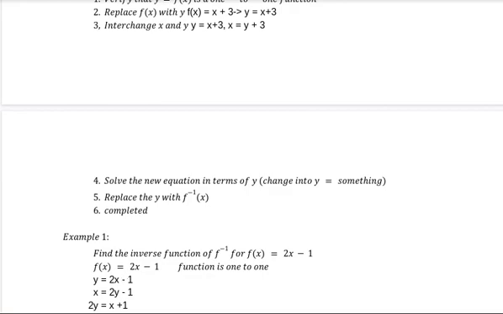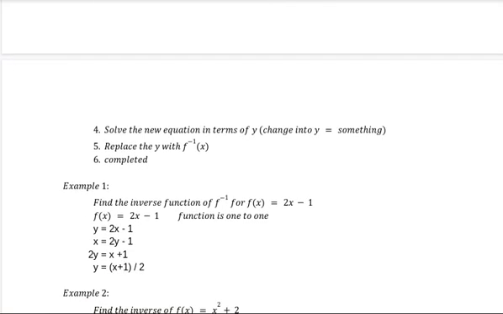Then you change f(x) into y. For example, it changes from f(x) = 2x - 1 into y = 2x - 1. Then you switch x and y, so that it becomes x = 2y - 1. Then you solve for y, which means you represent it as y equal to something.